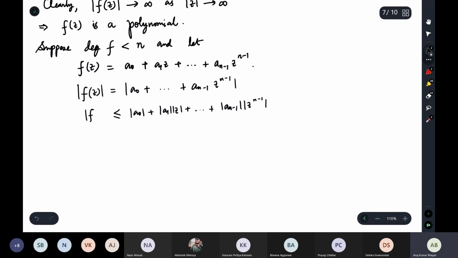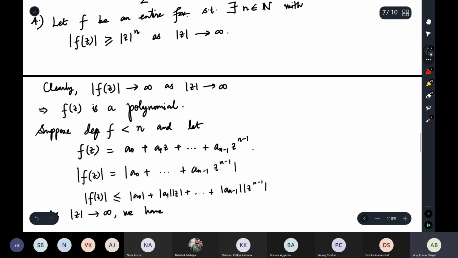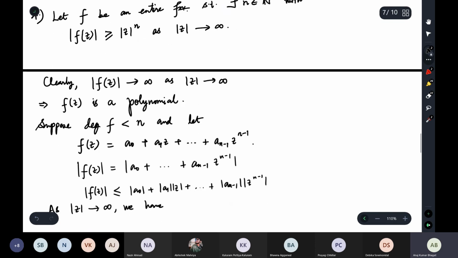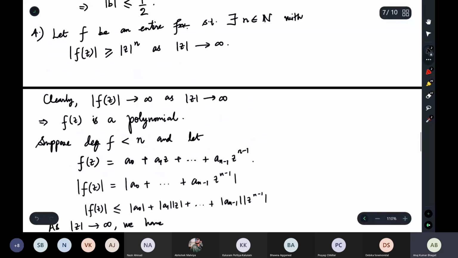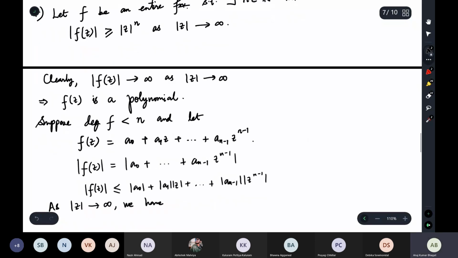Now this is modulus of f(z). So as mod z tends to infinity, use this condition. What condition do you have?